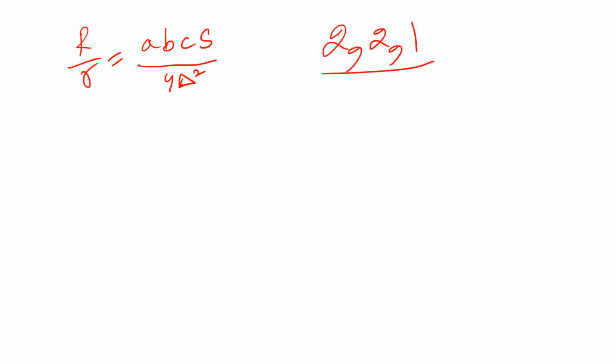Now capital R upon small r we got as ABCS upon 4 delta square. ABC are the lengths of the sides. These are the general notations I am using, right? And we have got the sides as 2, 2, 1. S is the semi-perimeter. Let's calculate the semi-perimeter. It is going to be 2 plus 2 plus 1 divided by 2.